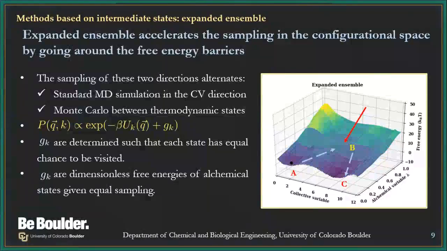Basically, I would say that for most biomolecular systems, metastable states can be observed easily, because metastable states are the thermodynamic states that have higher stability and lower free energies.